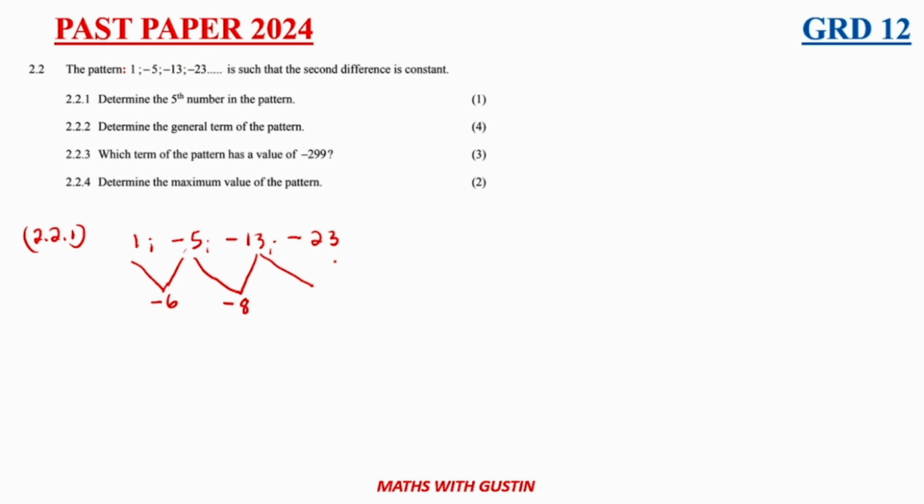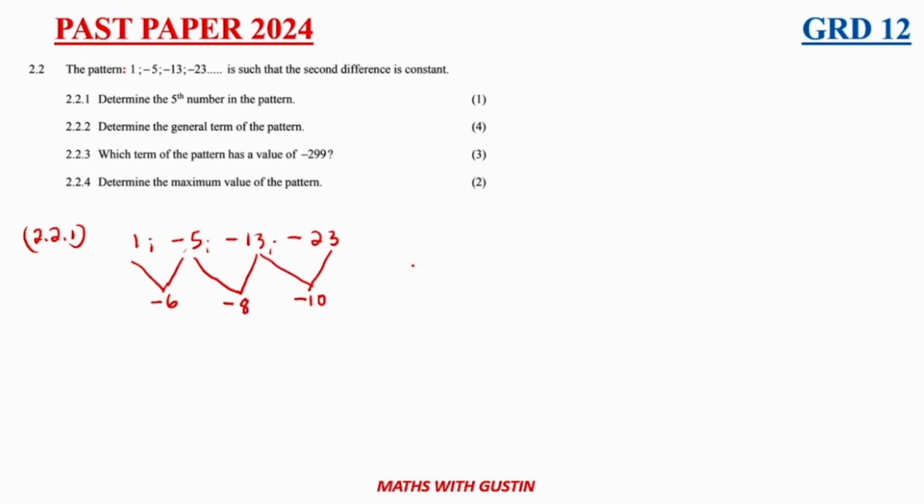And therefore, negative 23 plus 13 is going to give us minus 10.